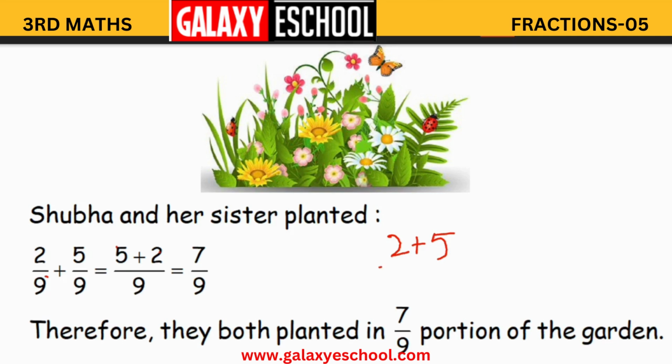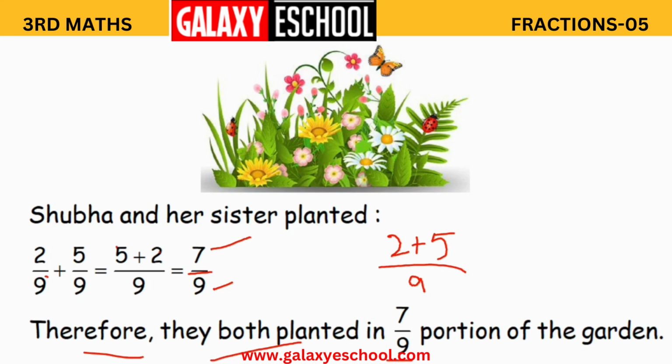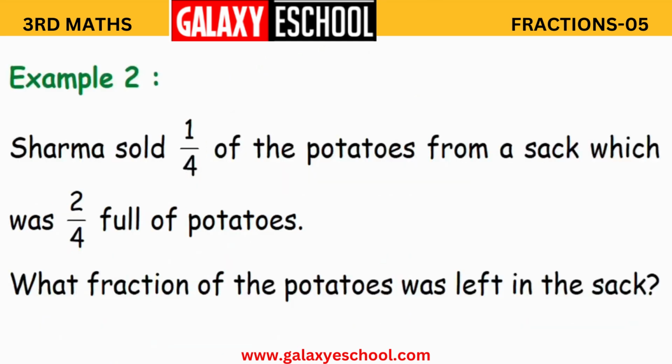Yes. So 2 plus 5 divided by the common denominator 9. Now 2 plus 5 is equal to 7 divided by 9. So what is the total portion? Therefore they both planted in 7 by 9 portion of the garden. So what is the total portion in which they have potted plants? 7 by 9 portion of the garden. Clear, children?